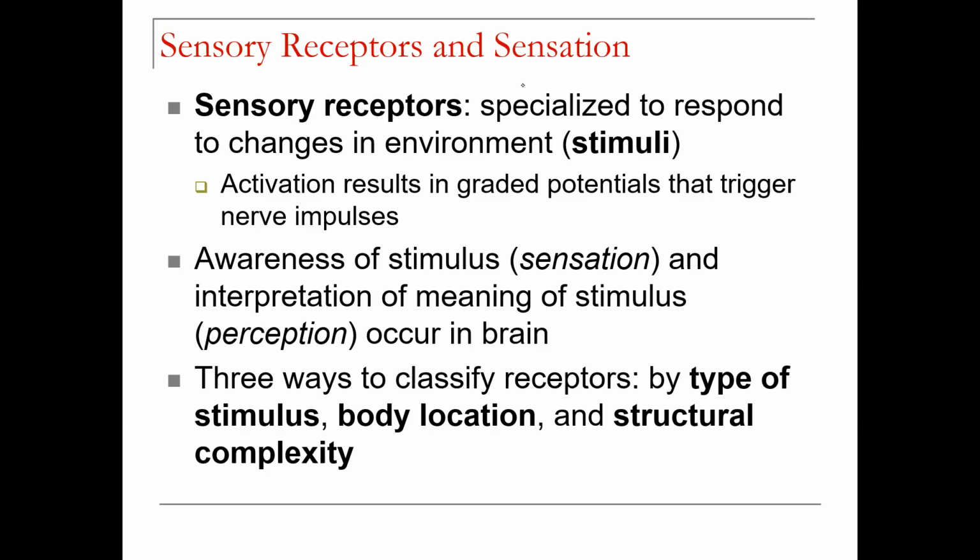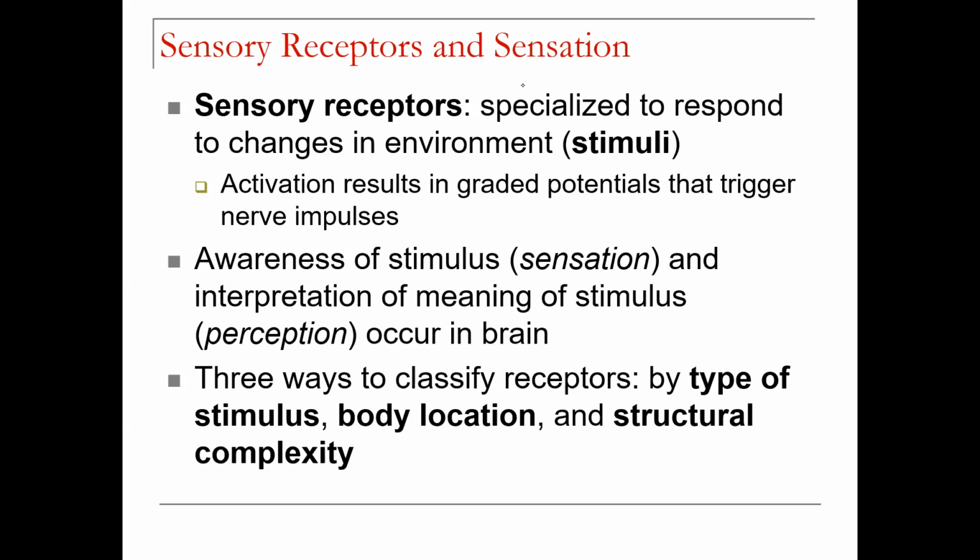See, sensation is the awareness of the stimulus. And that leads to perception. It's not enough for the receptor to be stimulated. It has to be stimulated enough to trigger a sensation. And then we have to understand what the sensation is. That's perception.